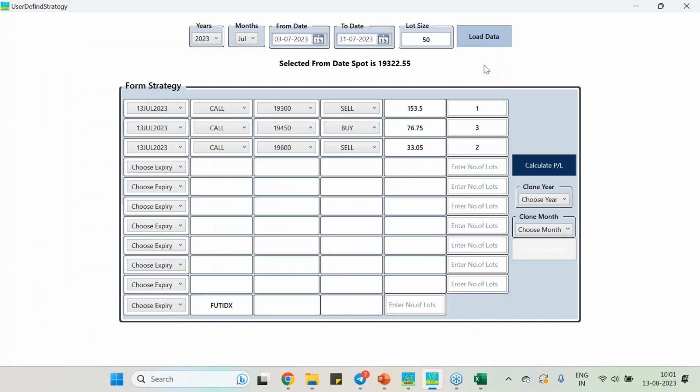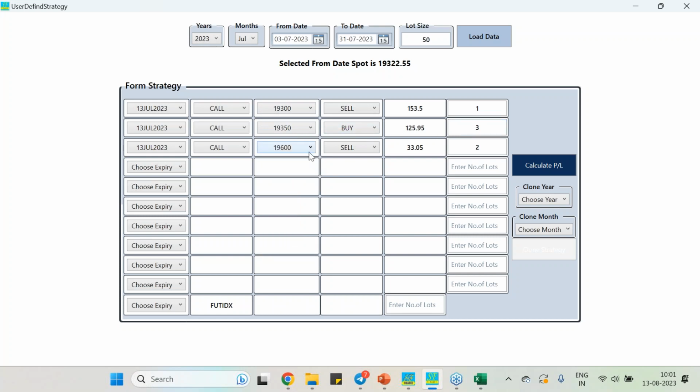Here, some of our traders used to tell me they are initiating the Christmas tree strategy in 50 and 100 spread, means the 13th. So here what they will do, they'll go for 350.